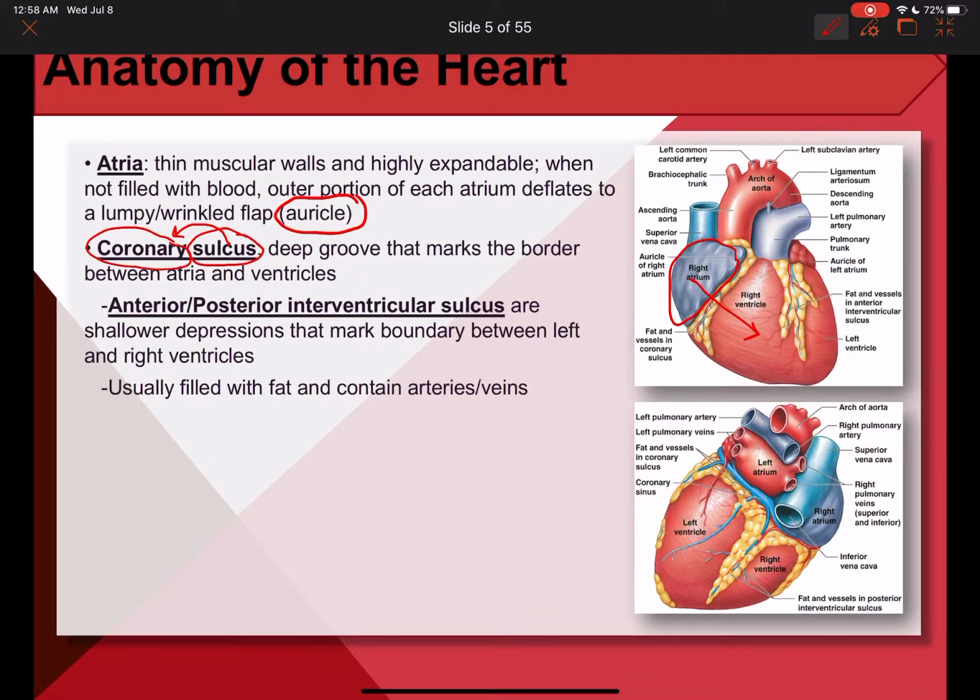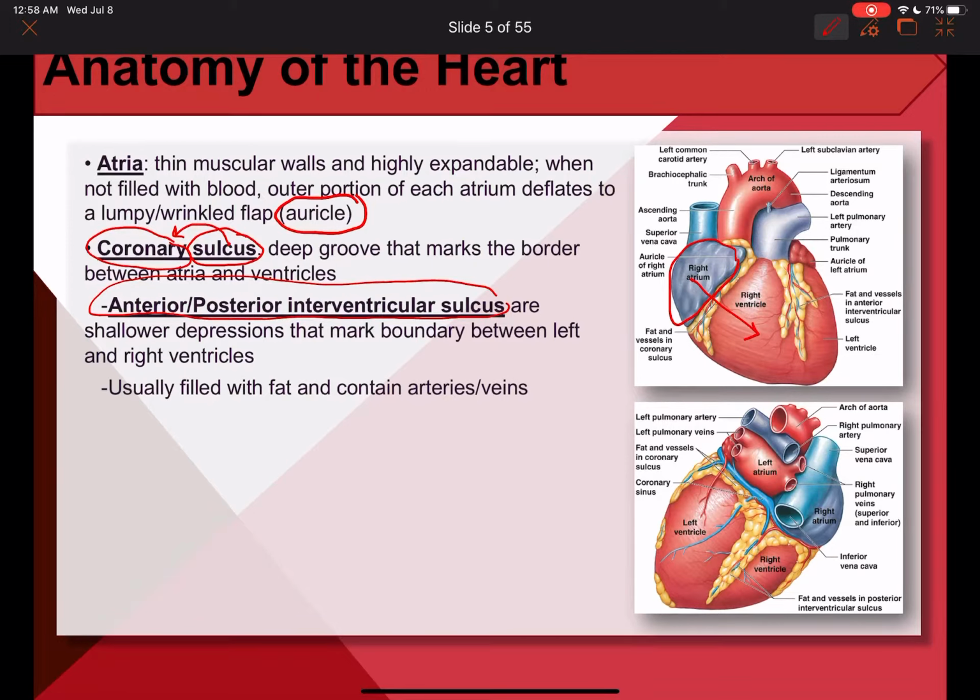Etc. Okay. So similarly, the anterior and posterior interventricular sulcus are those that allow for these blood vessels to go through. And again, I'll talk about the names of these blood vessels. Again, the name here tells you where this groove or sulcus is located.